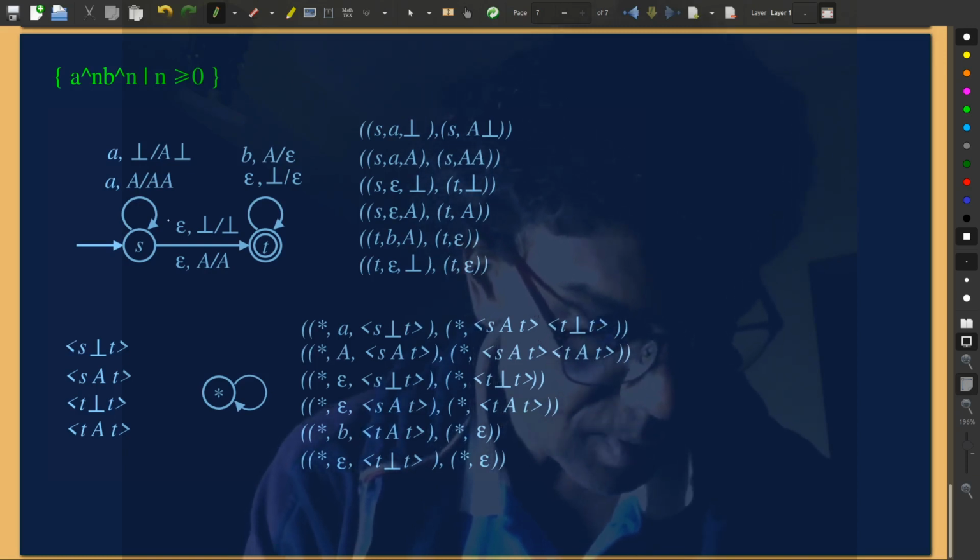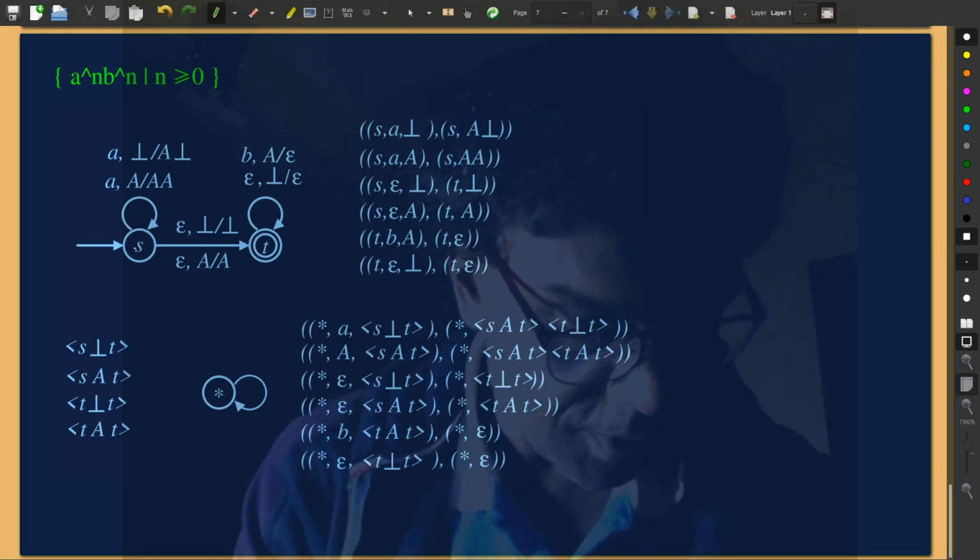Now we have seen a PDA for this. This has two states.